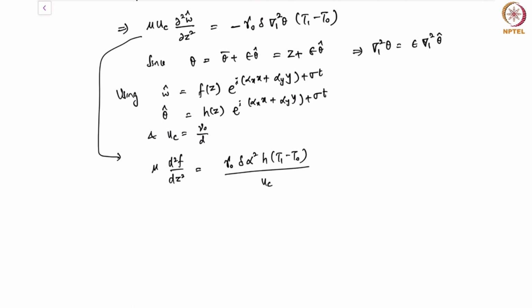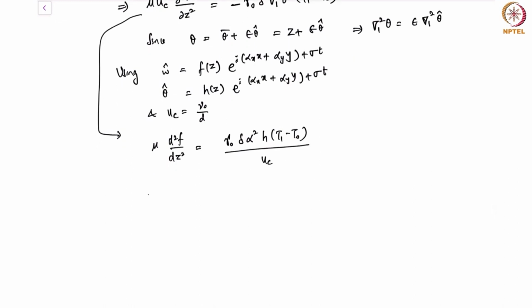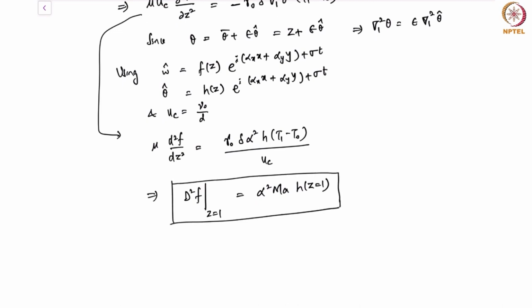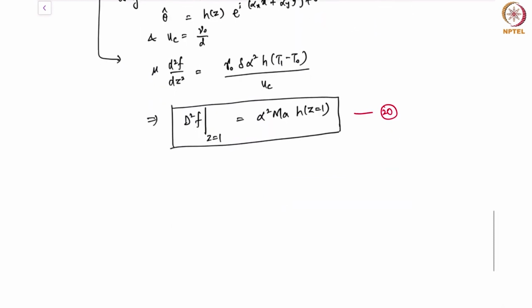Okay. And if we substitute the expression for uc, then we have d square f of z equal to 1 will be alpha square Marangoni h of z equal to 1. This is the condition that we obtain. We'll call it equation 20. A new non-dimensional number enters. This number Ma is called the Marangoni number.